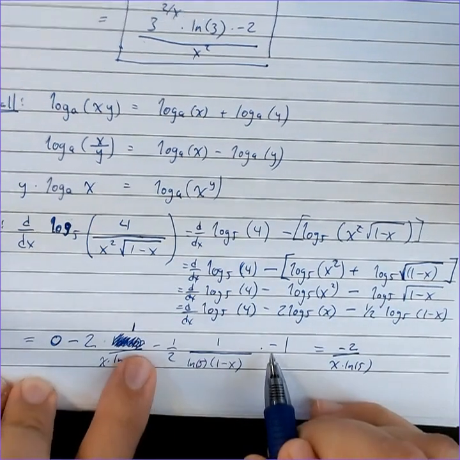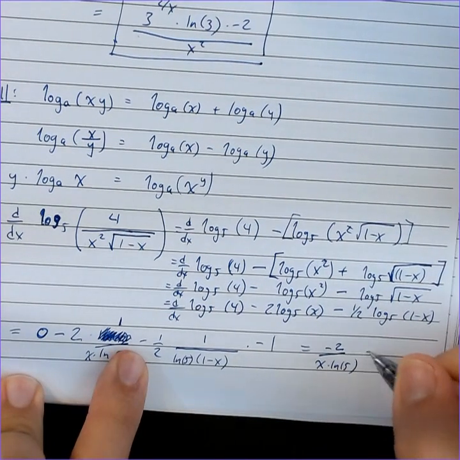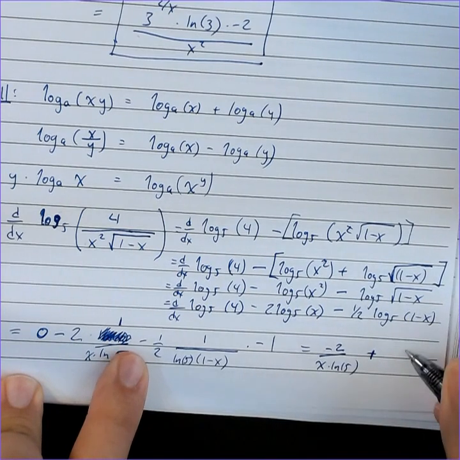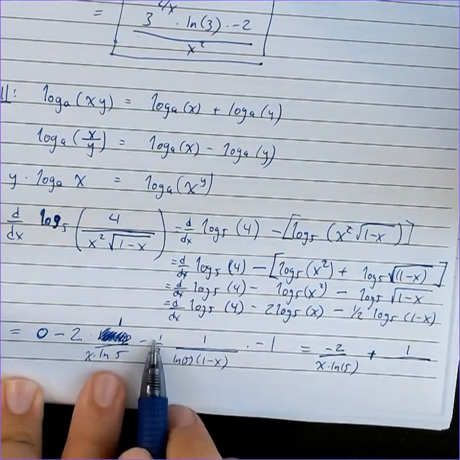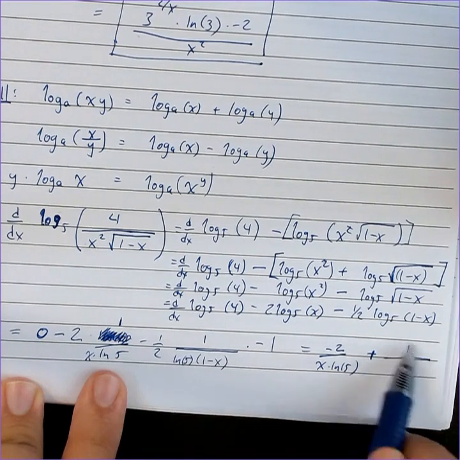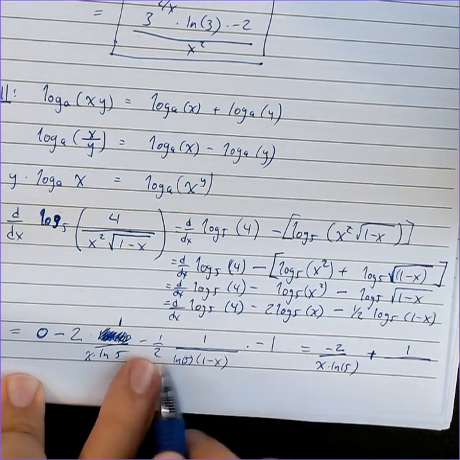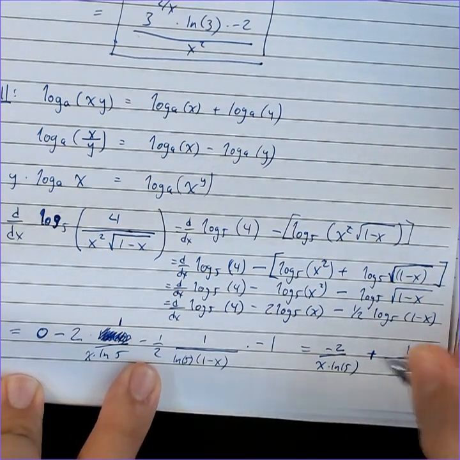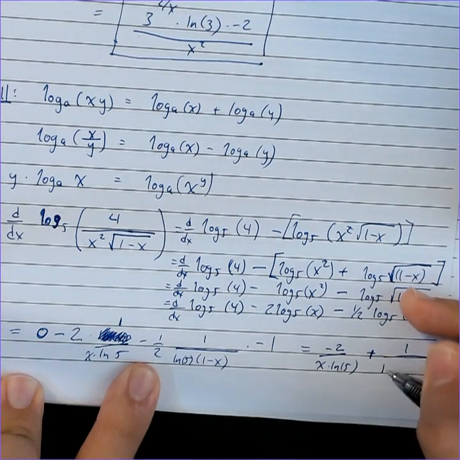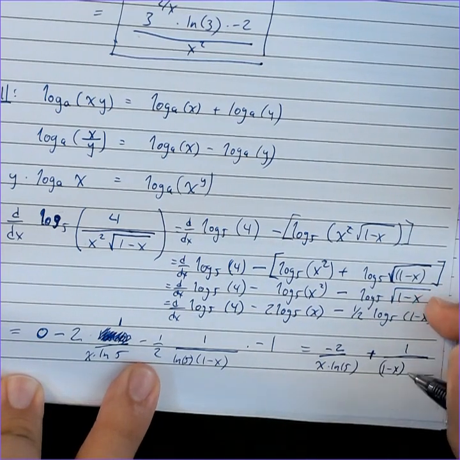Here, the two negatives become a positive, multiplied together. That's going to be plus 1 over, right? Negative 1 times negative 1. That's all positive 1 over these denominators. So we can go ahead and write this as 1 minus x times 2 natural log of 5.